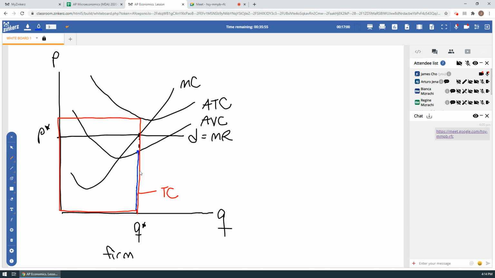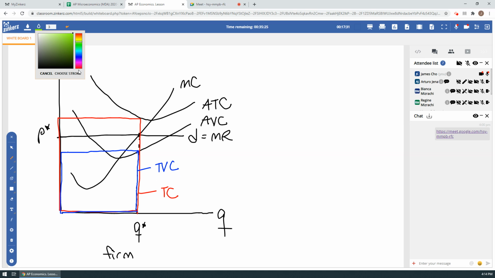Take a look at what curve I took that up to. The average variable cost. So this much is average variable cost. But what happens if I multiply average variable cost times quantity? Total variable cost. So that blue box is total variable cost.